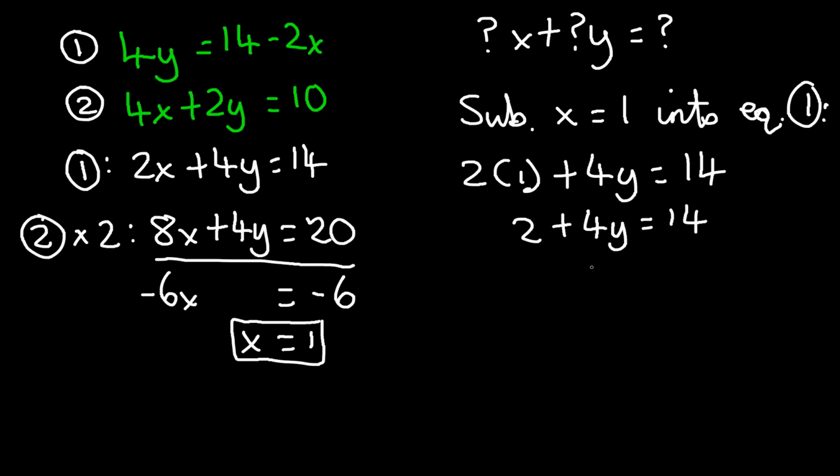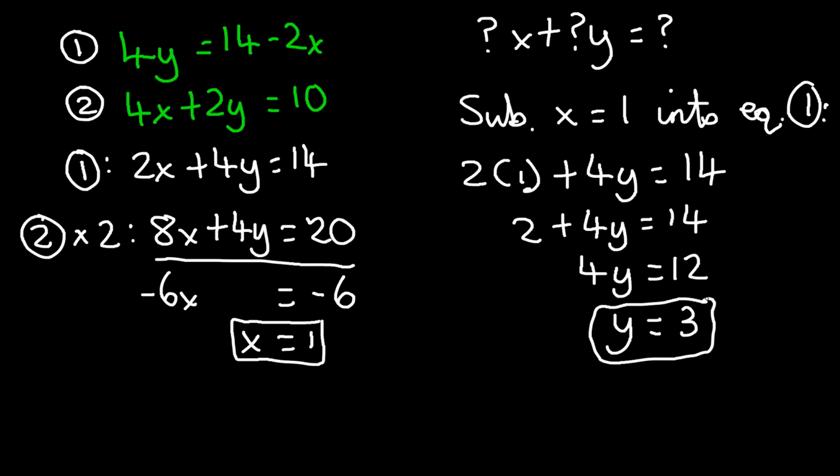Subtracting 2 from each side, 4y is equal to 12. So y is equal to 3. Again, it's always good to check your answers in your exam by substituting these values into one of the equations that you haven't used yet. So this would be substituted into equation 2 just to check and verify that our calculations are correct.